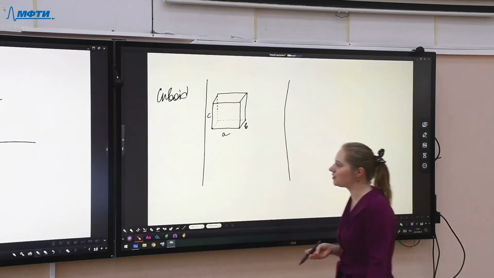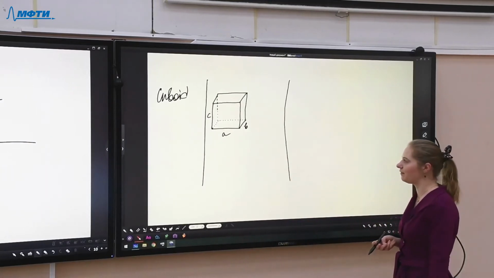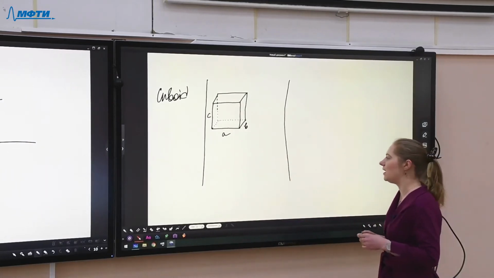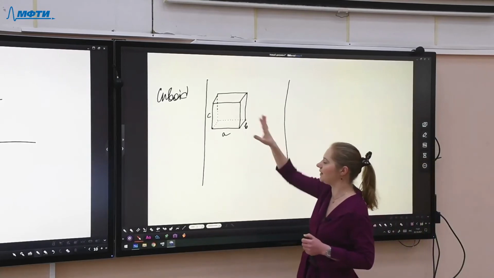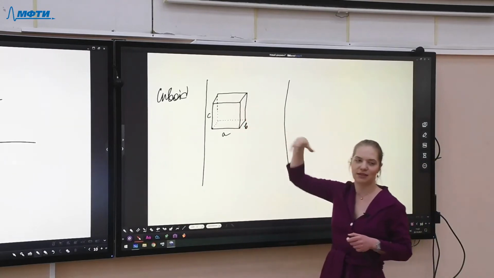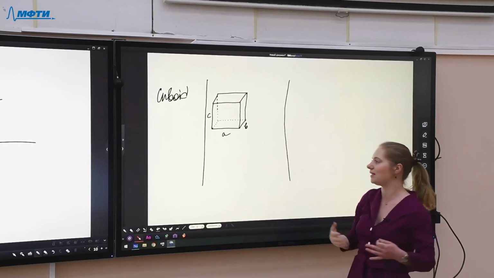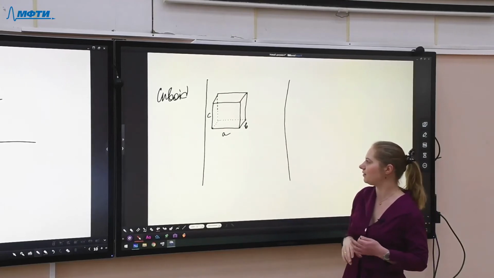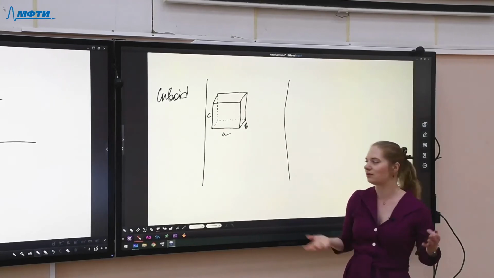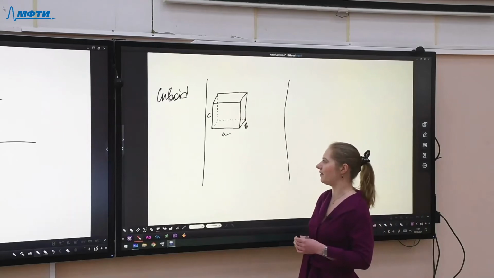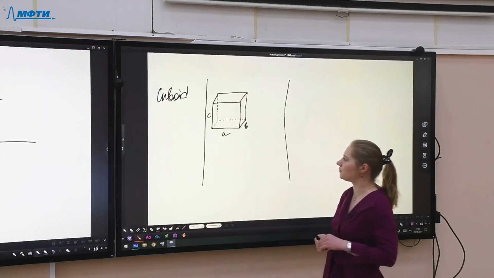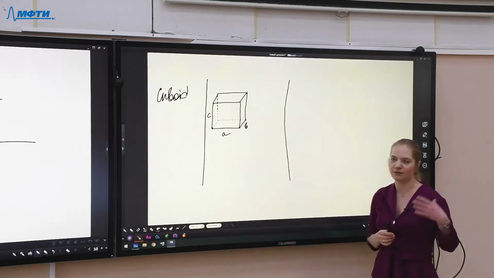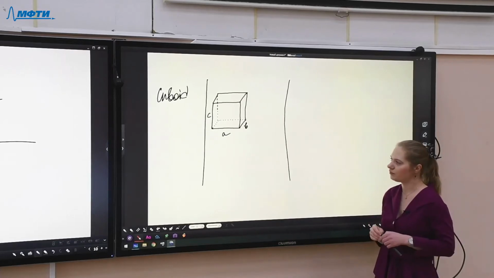If we want to calculate an area of a surface, we need to calculate areas of all 6 rectangulars, because the bases are rectangulars and each face is a rectangular. And then we need to summarize everything. So we have 3 pairs of rectangulars.